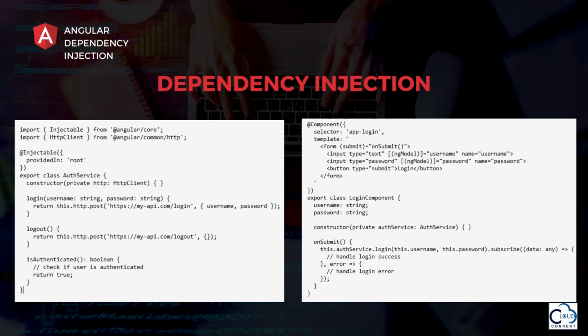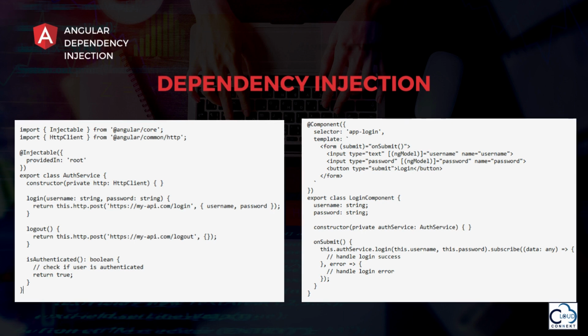Then on the right side of our presentation, you can use the auth service in our Angular component as follows. In our component, we have an HTML template, and inside our login component, we injected the auth service class that we created, and then we used the auth service variable so that we can access the login method from our service class.